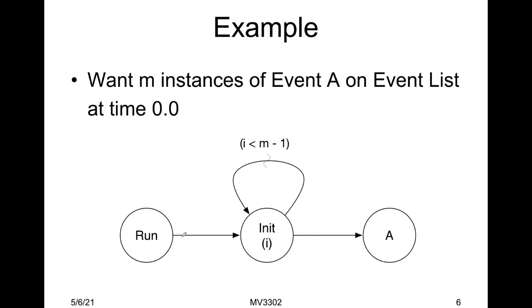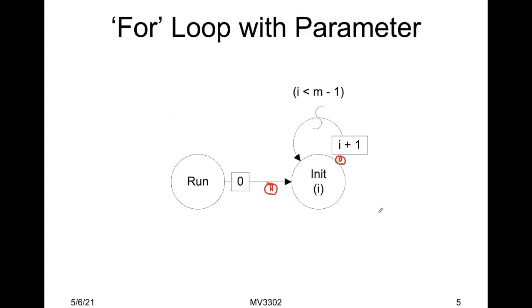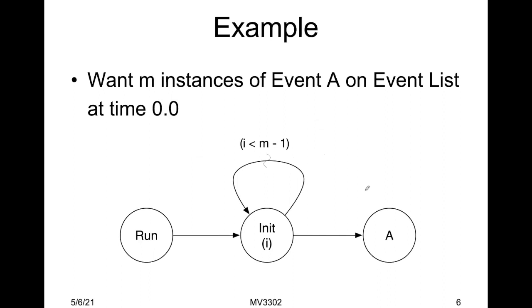So one example of this is that if we wanted to have M instances of event A on the event list at time 0, then we could simply schedule them from the init event like this. And that's something which is going to come up a little bit in at least one of the models that I'm going to ask you to formulate. You're going to need to do something like that.